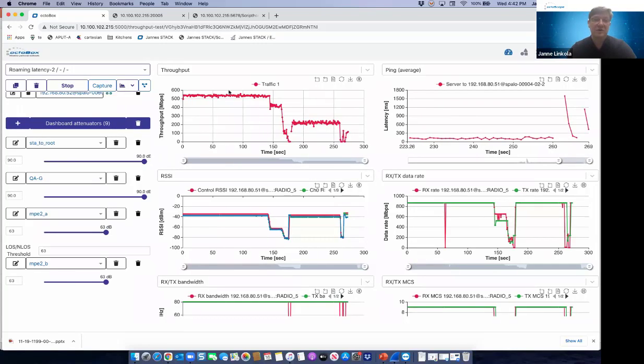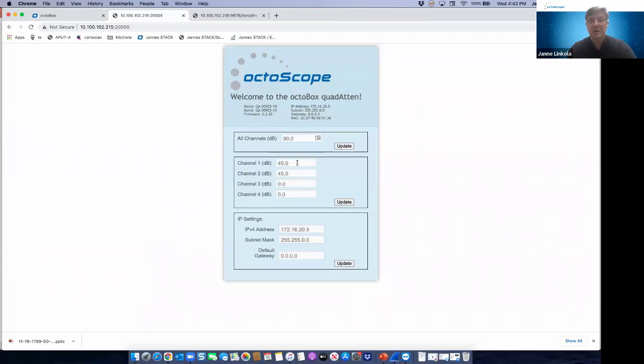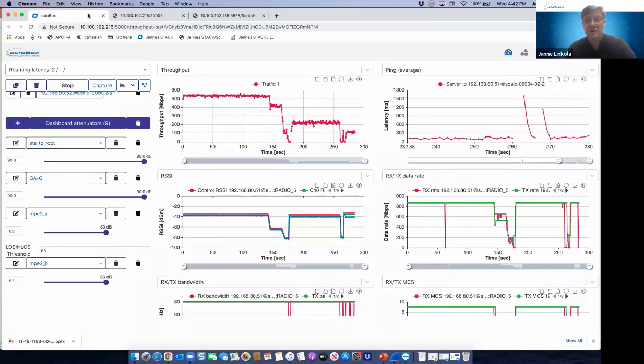We're now back at great RSSI. It means that we must be connected to the second extender. I'll just maximize the attenuation here to the first extender, just to make sure that we don't get any leakage in the system. And as you can see, the throughput again roughly halved.